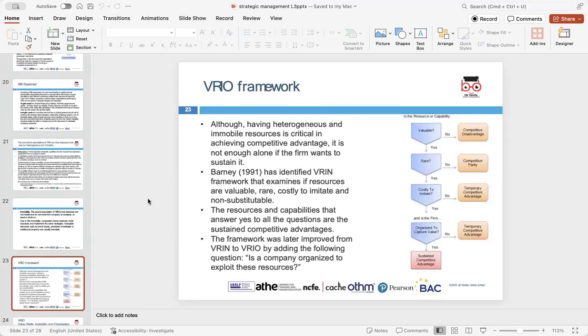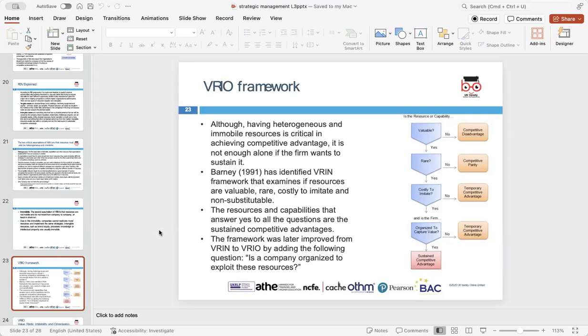The VRIO framework is an extension of the earlier VRIN framework used to assess whether resources can provide a sustained competitive advantage. Value: resources must add value to the firm, enhancing differentiation and reducing costs.